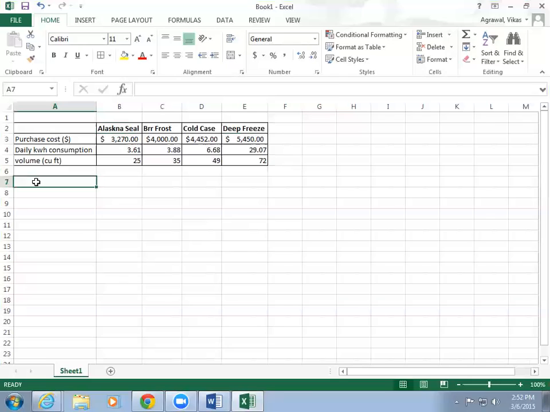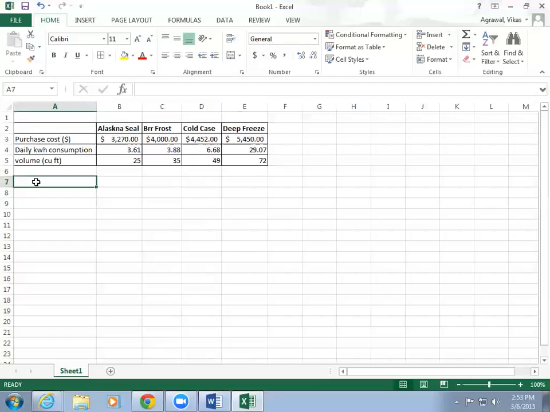Daily kilowatt hour consumption, right? And that ratio will give us the productivity. We will choose the one that gives us the highest productivity. Are you guys with me?